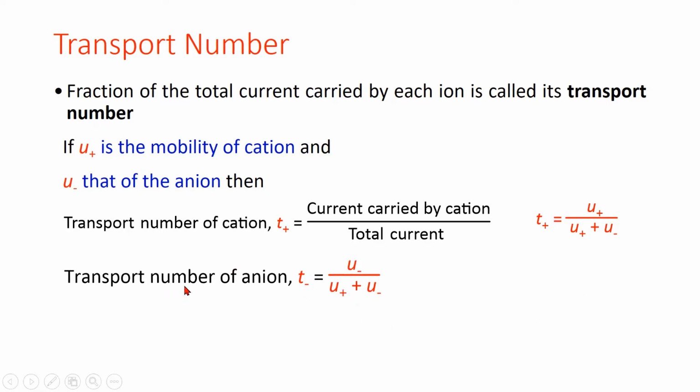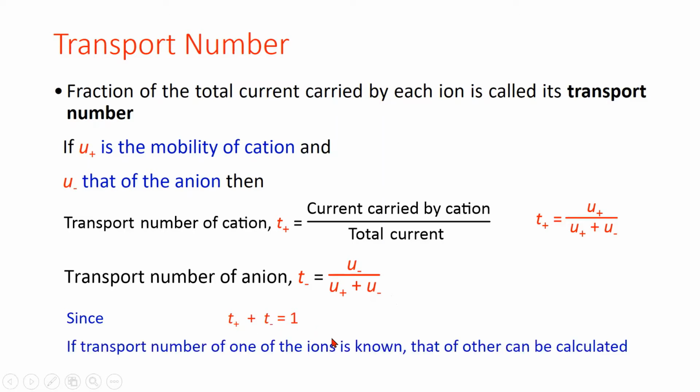Similarly, we can write the transport number of the anion, T negative, is equal to U negative divided by U positive plus U negative. Since the transport number of the cation plus the transport number of the anion is equal to 1, if the transport number of one ion is known, the transport number of the other ion can be calculated.